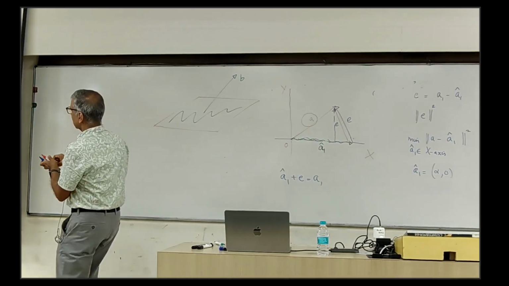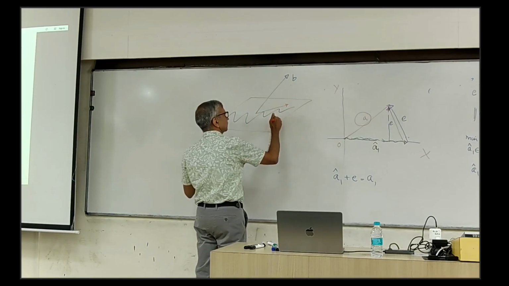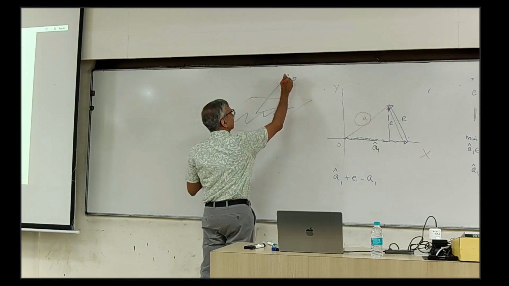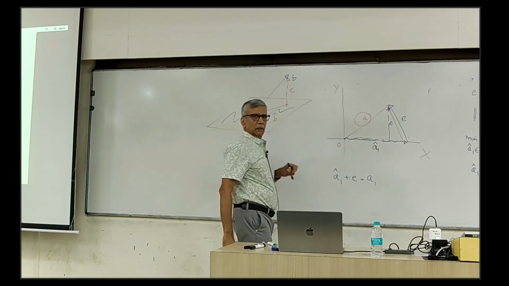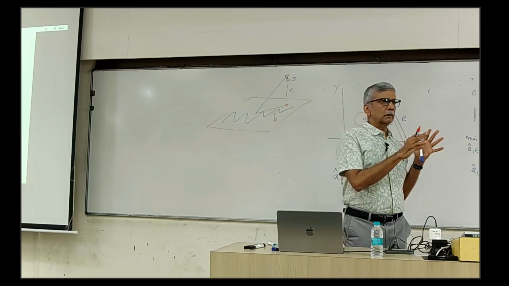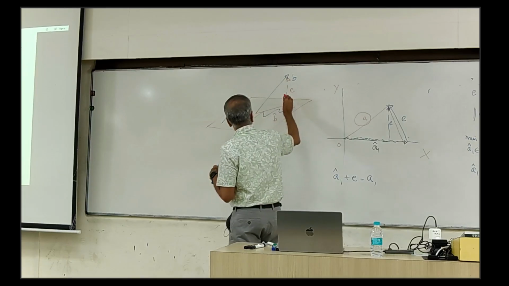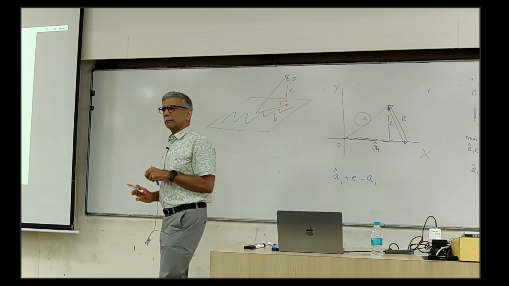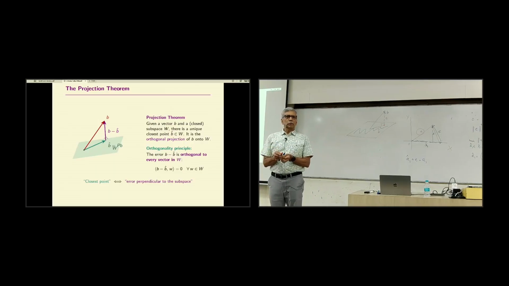And I construct an approximation which is B hat, and then construct the error. And I can minimize the norm of the error when this is orthogonal to the plane. So that's the projection result.